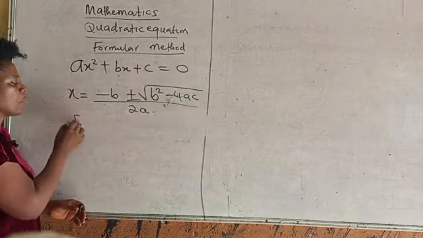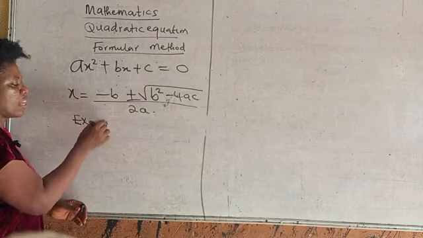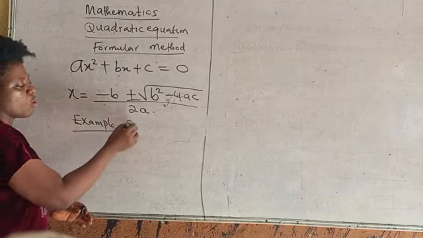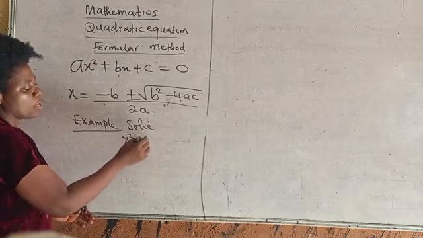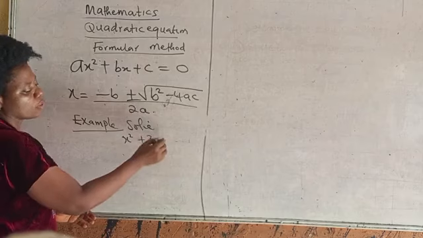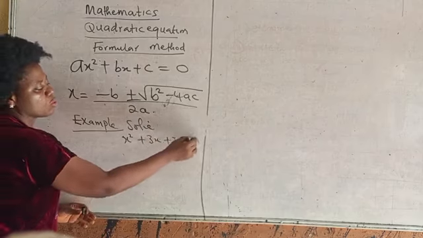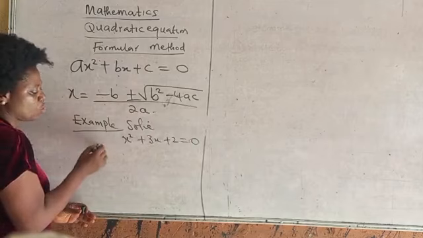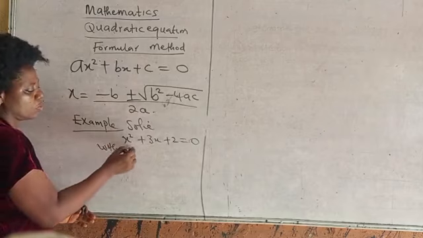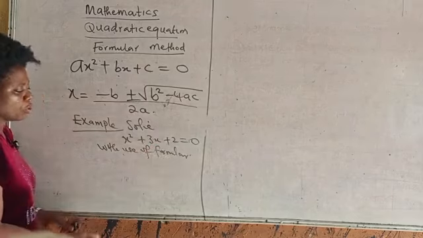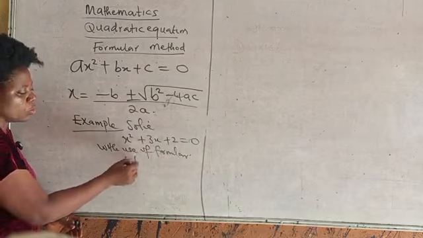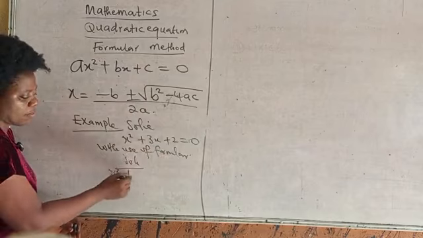Now let's take an example to solve this together. We have to solve x squared plus 3x plus 2 equals 0 with the use of the formula. So what will you do? You try to know what your a is.